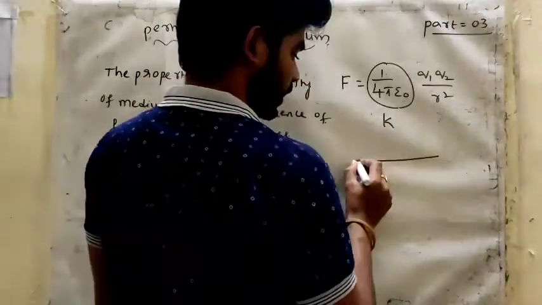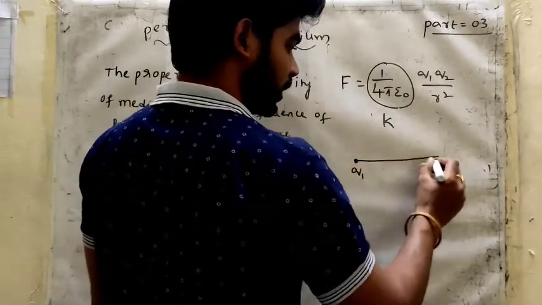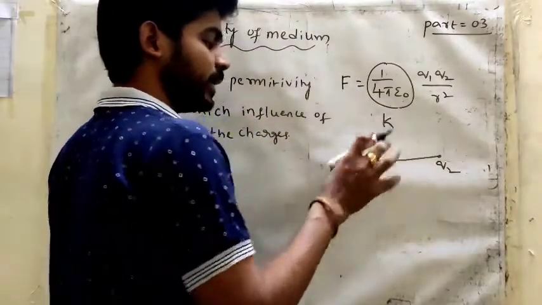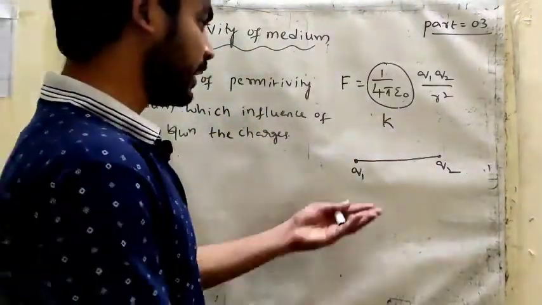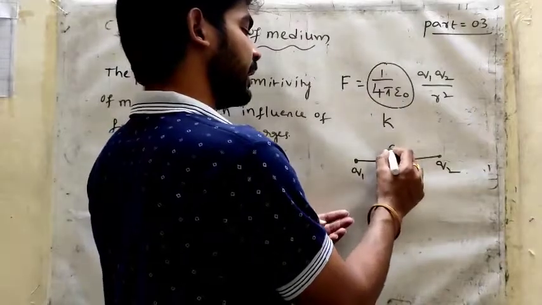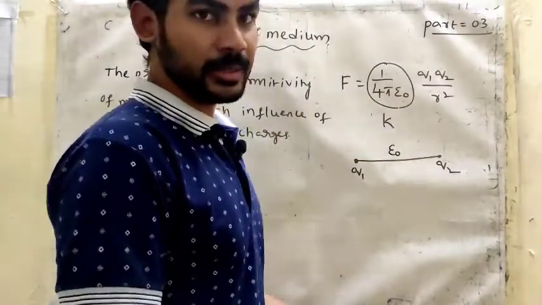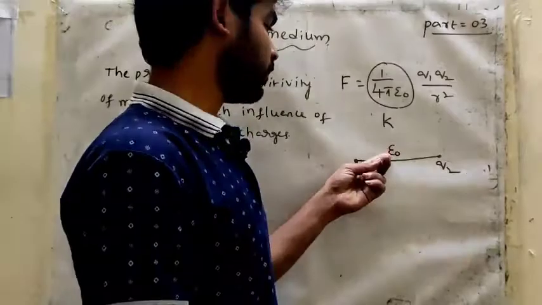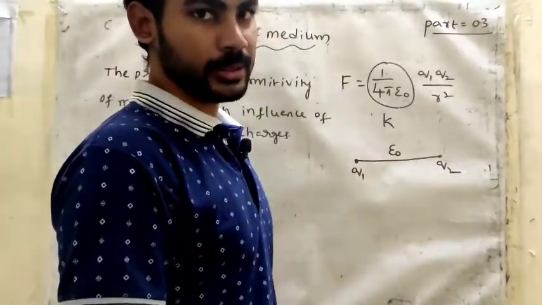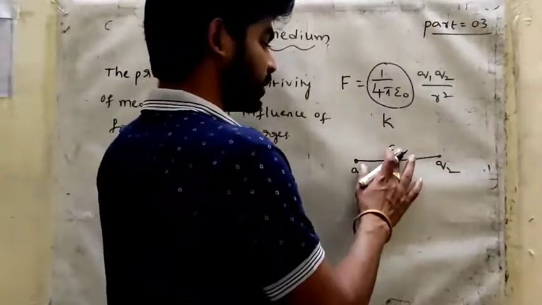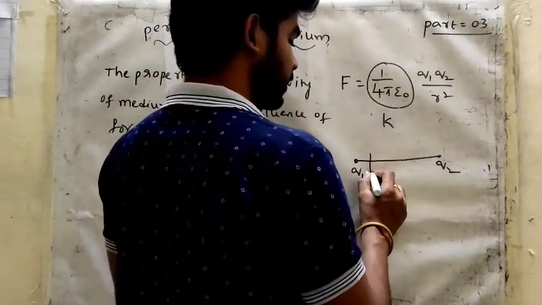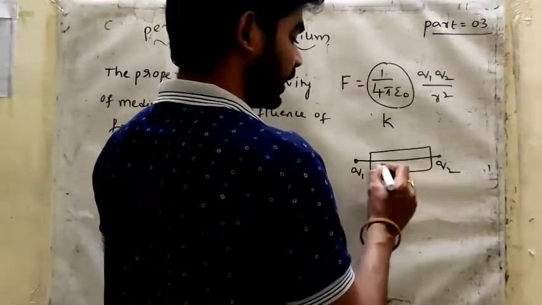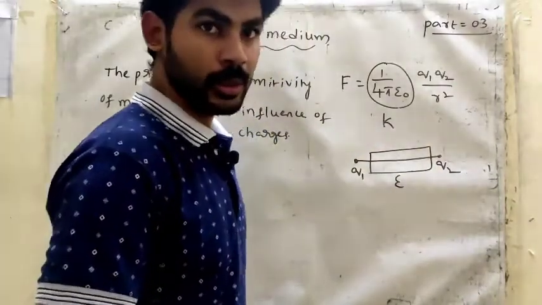So here two charges, this is the q1 charge and this is the q2 charge. In between you can place any one medium. If nothing is there, simply we can take epsilon naught, since free space, air or vacuum is present here. If we place any medium, something like glass, this is one glass, a dielectric medium, in that case simply we can take epsilon.